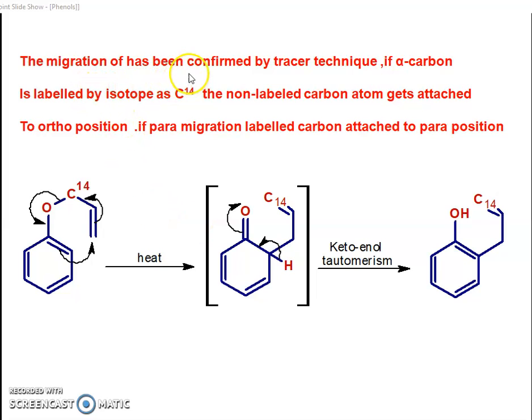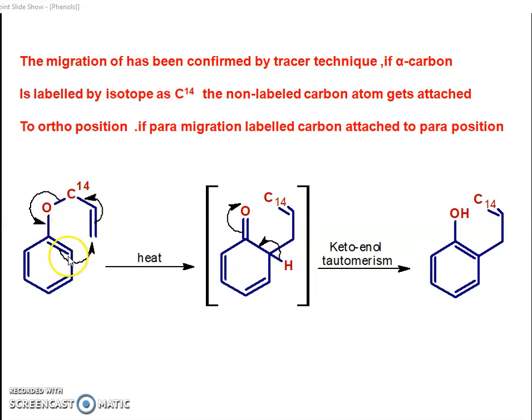The migration has been confirmed by using the tracer technique. If the alpha carbon is labeled with an isotope like carbon-14, the non-labeled carbon atom gets attached to the ortho position, and if para migration takes place, the labeled carbon is attached to the para position. Here, this is the alpha carbon, beta carbon, and this is the gamma carbon. This alpha carbon we can label with the carbon-14 isotope.